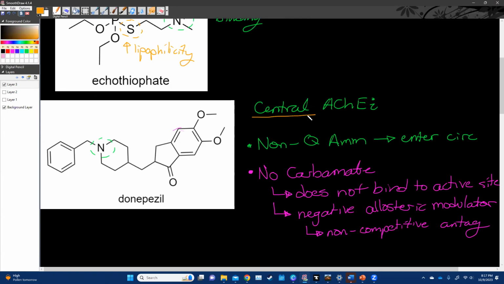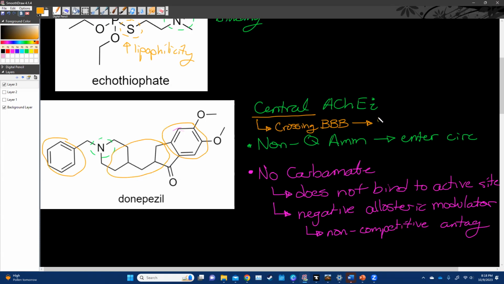Now, in order for it to get to this, when we talk about central, we're talking about entering or crossing the blood-brain barrier. And when you look, we have tons and tons of carbons everywhere, right?